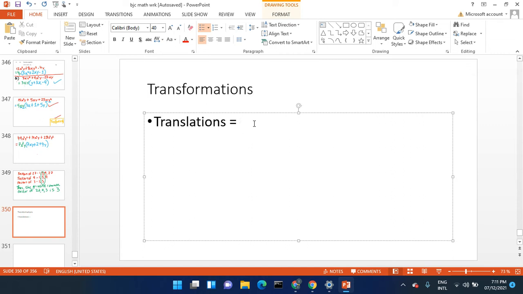What do we mean when we say translation? Changing something, moving it from somewhere. So translation is a slide or a move, right? Yes, slide or move.